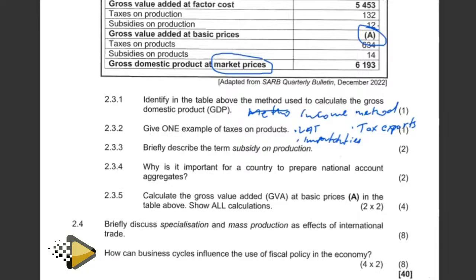Moving on to the next question, 2.3.3 reads as follows: briefly describe the term subsidy on production.